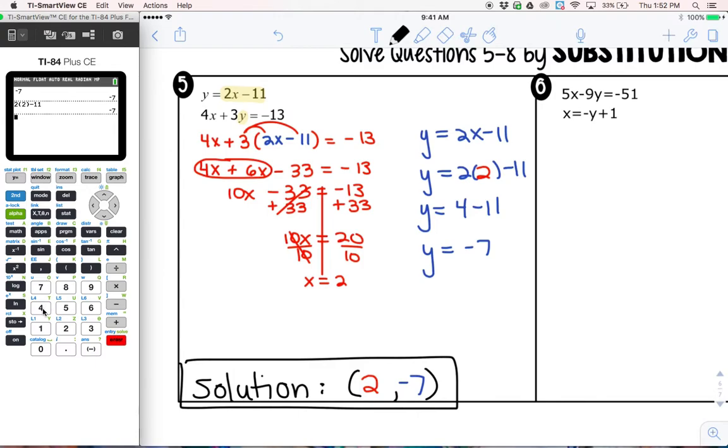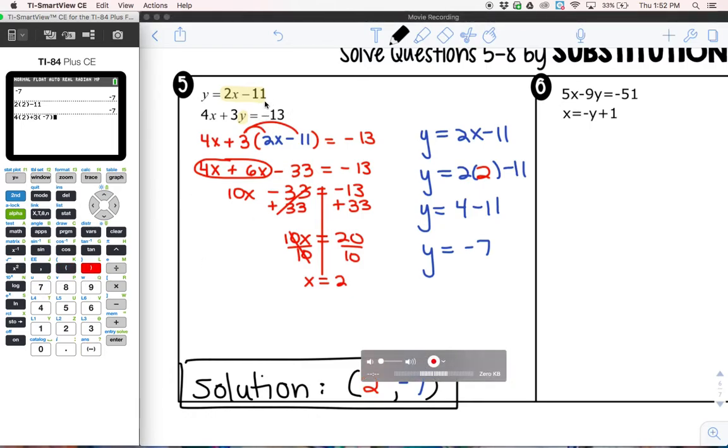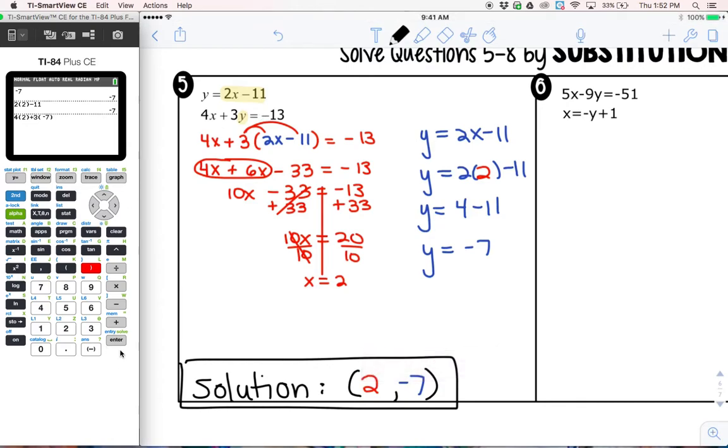And you also have to check the second equation. So the left side of the equation, I'm plugging in x and y, so I've got 2 for x plus 3y, so plus 3 times negative 7. When I press enter, I should be getting negative 13, because that's what the left side is supposed to be equal to, and I do. So your solution works for both of your equations. The x and the y values make both equations true.